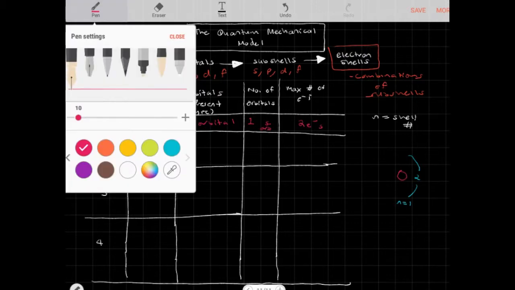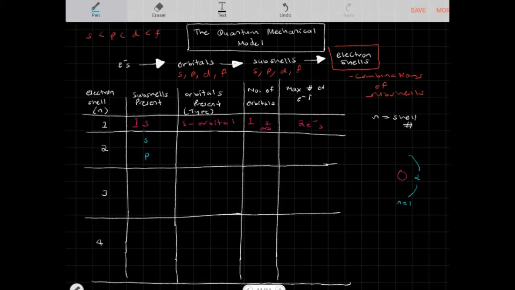In the second energy level, because it's found in a different shell, the shells are further away, and the subshells are found within the shells. In the second energy level, we have a 2s and a 2p subshell. When we look at subshells, we represent them as n of the particular subshell.